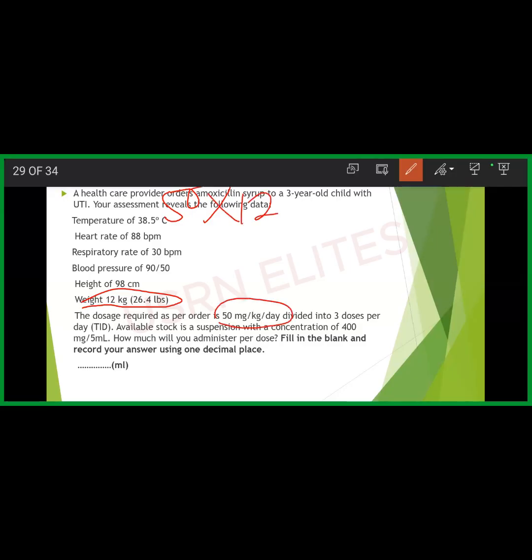Can I get your name so that I can address you? Mavis. Okay, so this prescription is giving us this. We are calculating for the dosage per day. So the weight is 12 times 50 over here, and it gives us 600. Do you understand this one, Sister Mavis?